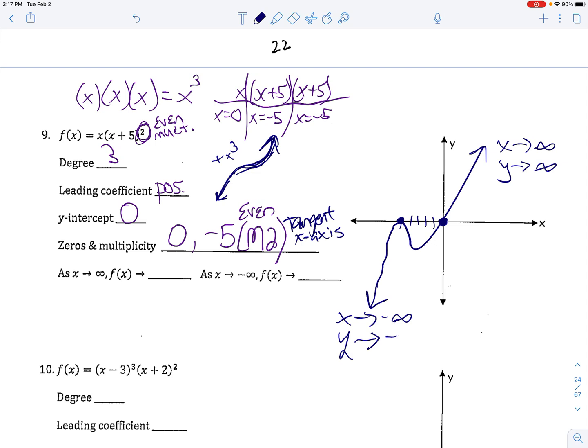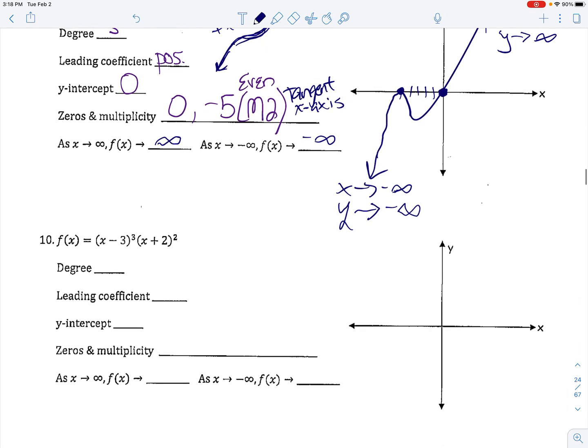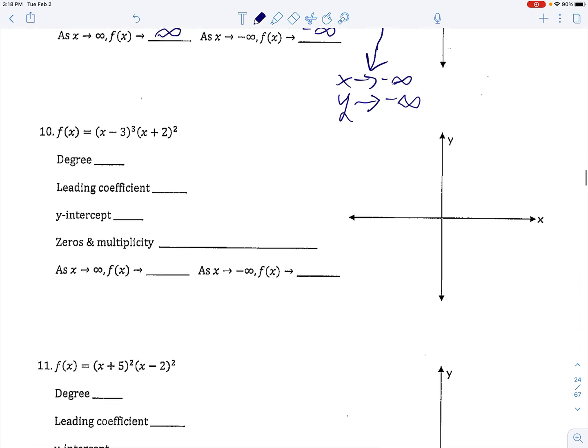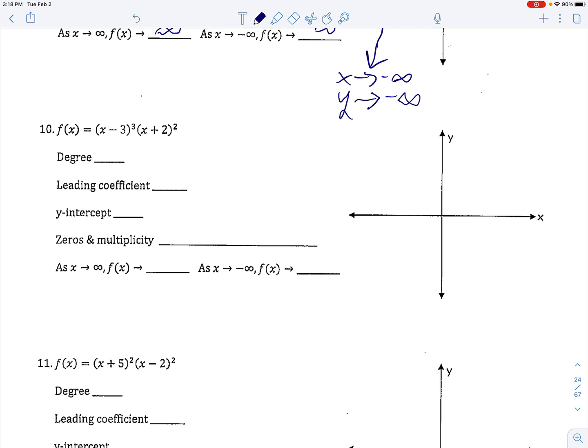As x goes to -infinity over here, the y value is going down, to -infinity. So as x goes to infinity, y is going to infinity. And as x goes to -infinity, y goes to -infinity. All right. So there you go, people.